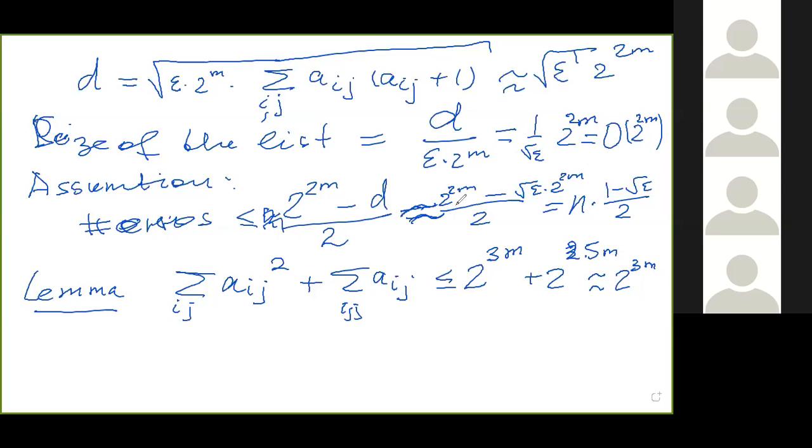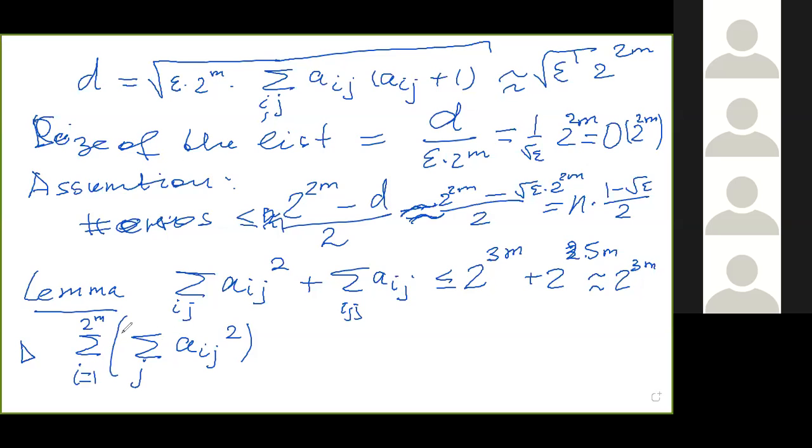So we need to prove now our lemma. So first, let's upper bound the first term. We can rewrite it as follows: the sum over all i's, the sum over all j's of aij squared. Now, the outer sum has 2 to the m terms.